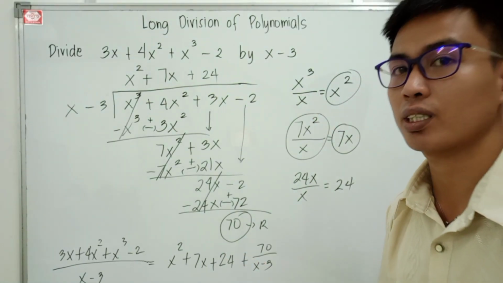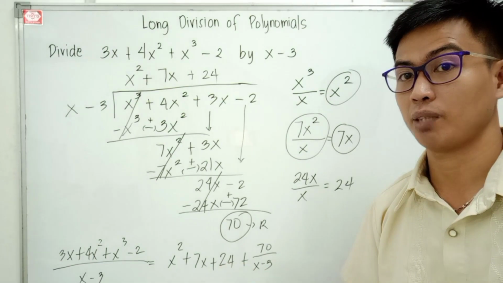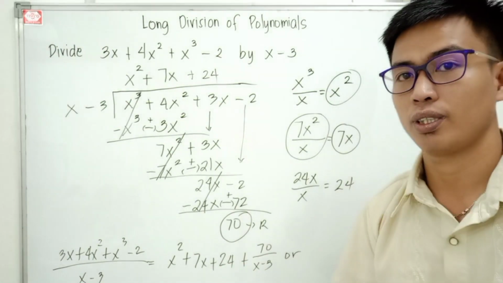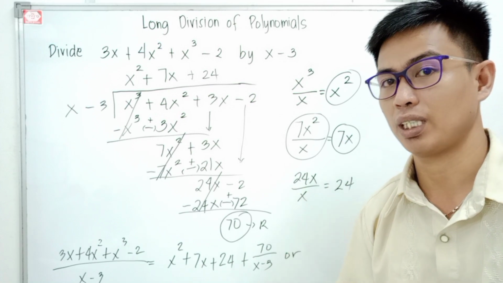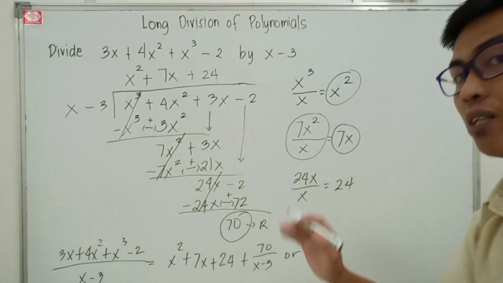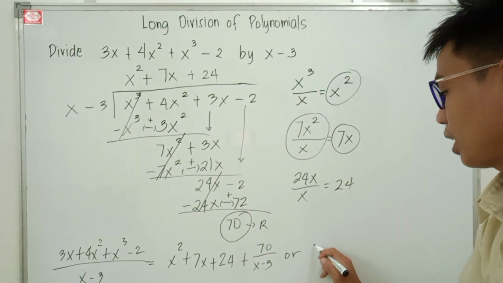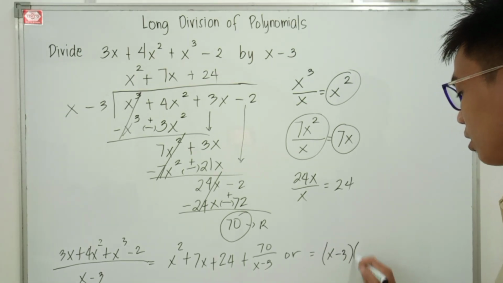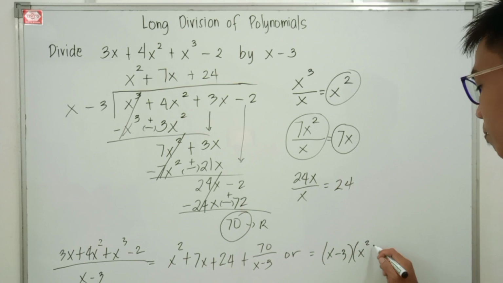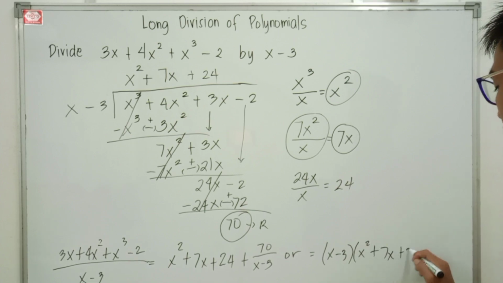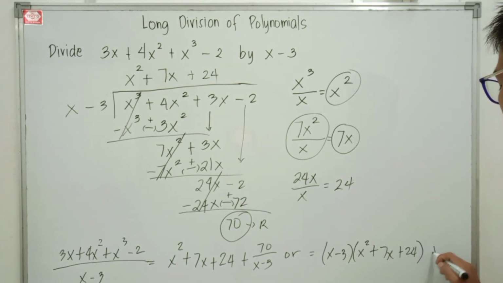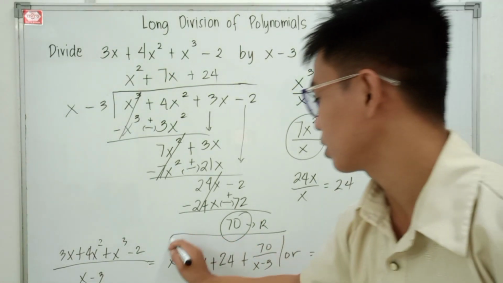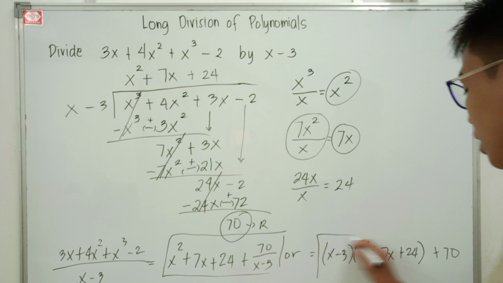So that is the first form of the answer. Meron pa tayong isang klase ng sagot na pwede rin natin gawin kapag may remainder. That will be x minus 3 times x squared plus 7x plus 24 plus 70. So ito po yung dalawang possible answers na pwede nyong gawin.